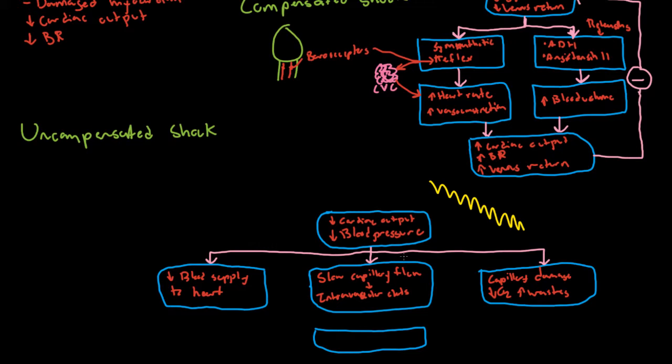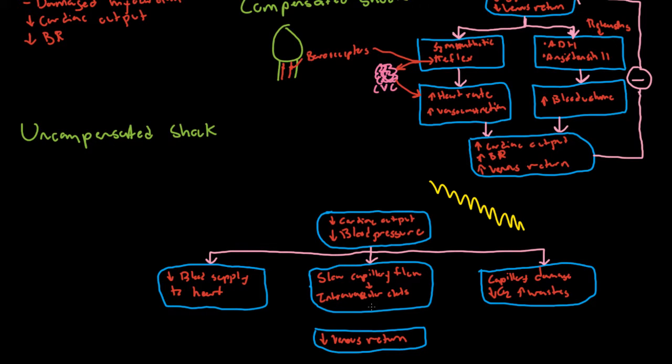So, you may be wondering what all of these factors contribute to. And these factors all themselves contribute to a decrease in venous return. You might be wondering why is that, and that's because if we have poor capillary flow, we actually make it harder for blood to maintain its pressure throughout the capillaries so that it returns to the heart well.